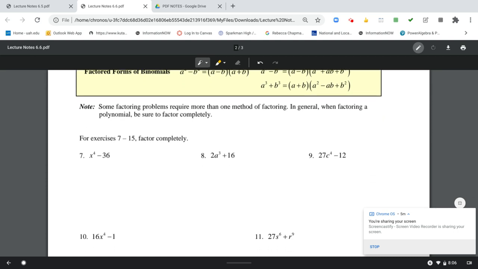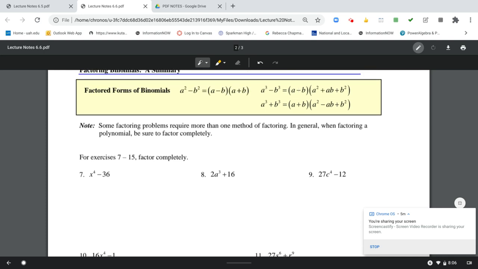Now, when it comes to factoring completely, you have to be able to see the difference between a difference of squares and a cube. So these three problems mix and match those skills. So the first thing in number 7 that I see is that that is an x to the 4th, which is not a cube. I cannot divide that power 4 by 3. So that would indicate to me, if I can factor it, it's going to be a difference of squares.